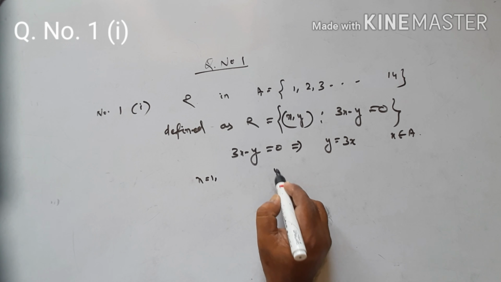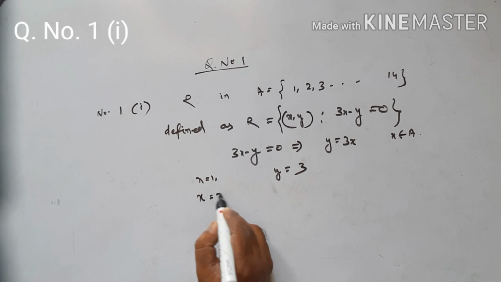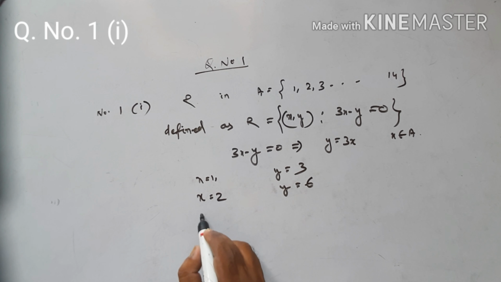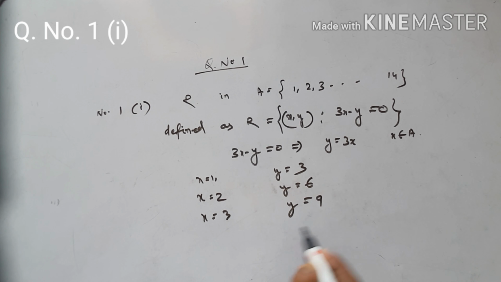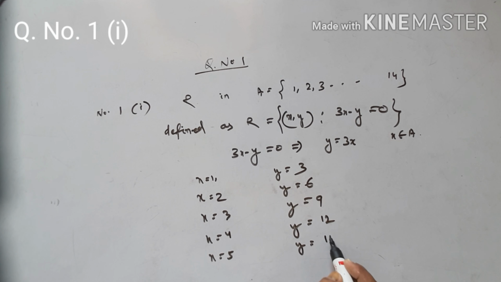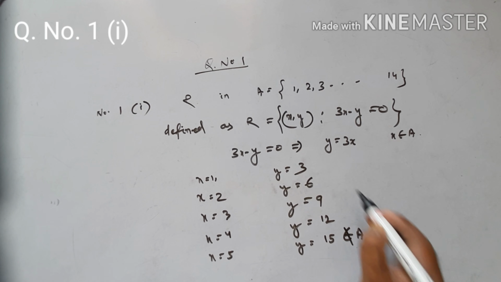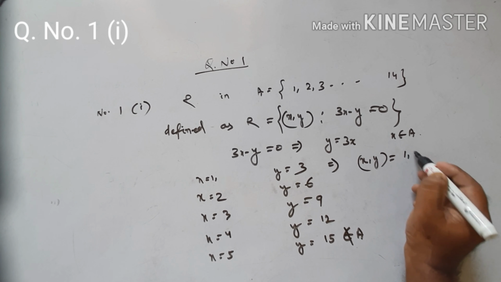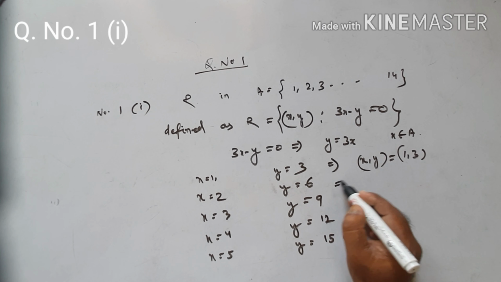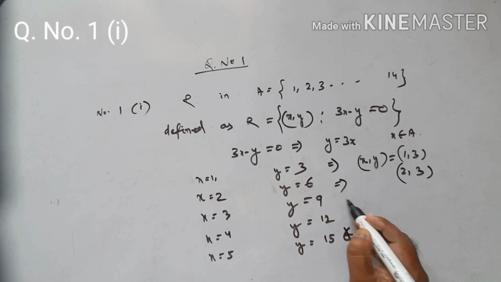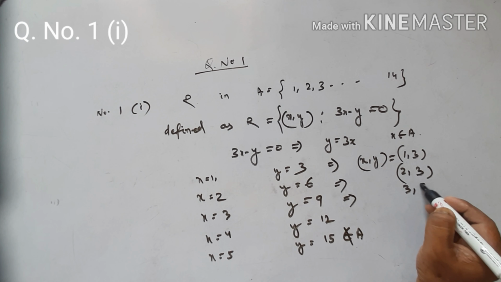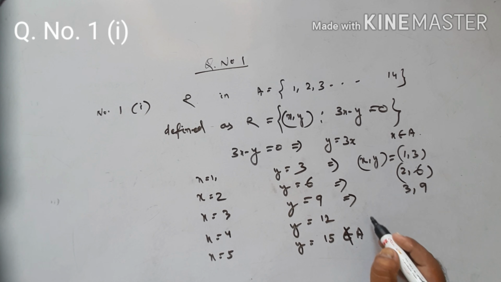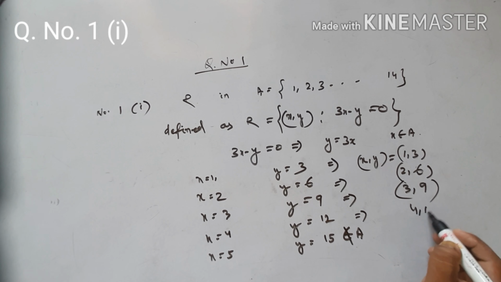x equal to 1, y equal to 3; x equal to 2, y equal to 6; x equal to 3, y equal to 9; x equal to 4, y equal to 12. But when x equal to 5, y equal to 15, which is not an element of A. Therefore, the ordered pairs are (1, 3), (2, 6), (3, 9) and (4, 12).